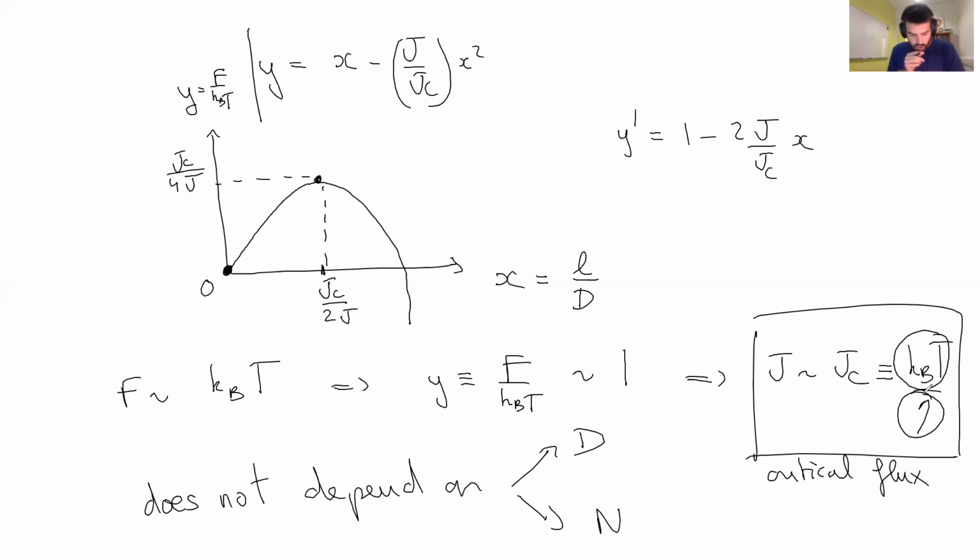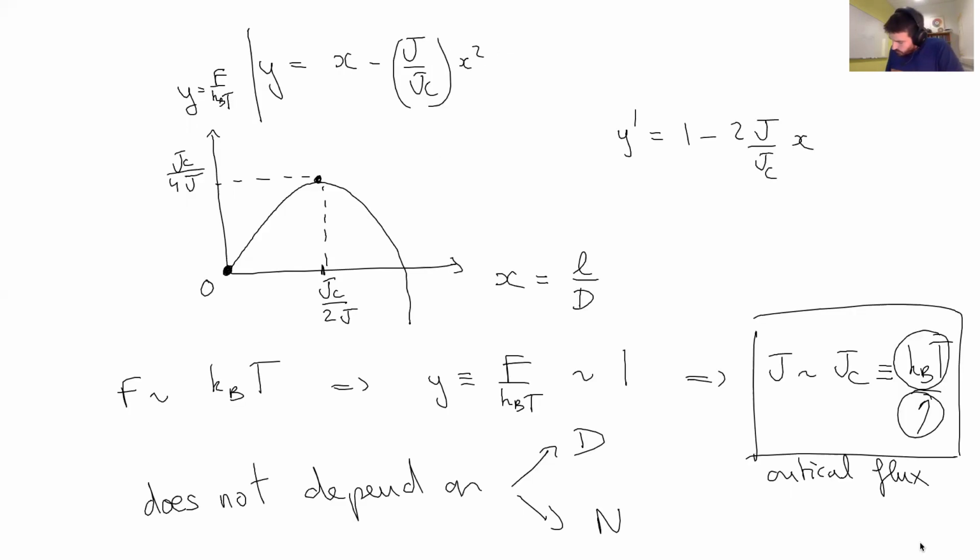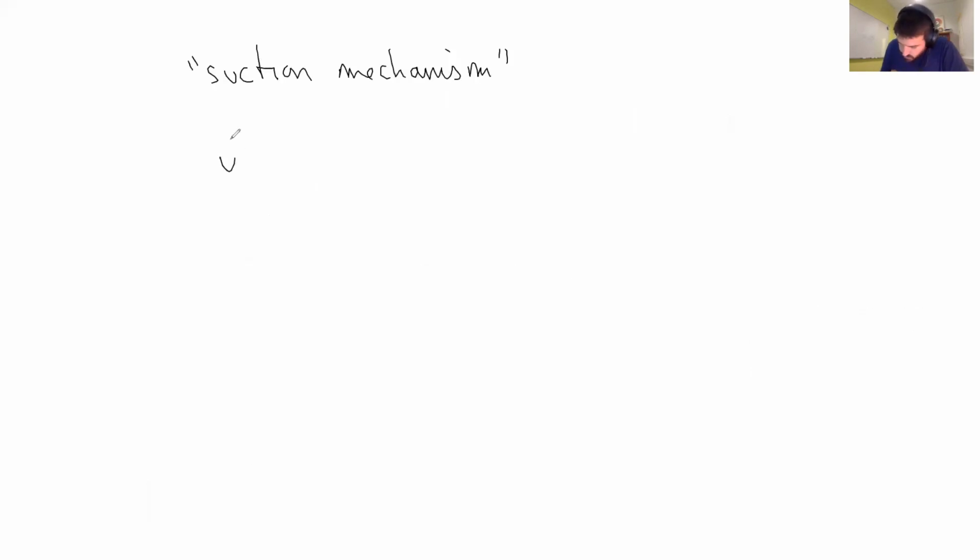Let me finish by commenting on the fact that Brochard and Dejean call that a suction mechanism. Why? You have to remember that now we said that j is typically jc, so this is typically 1 or 1/2. So x is equal to 1, apart from prefactor.